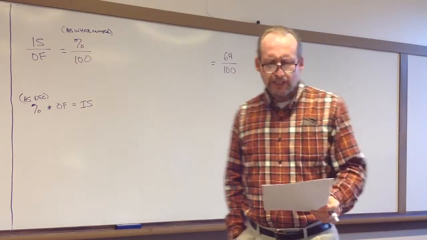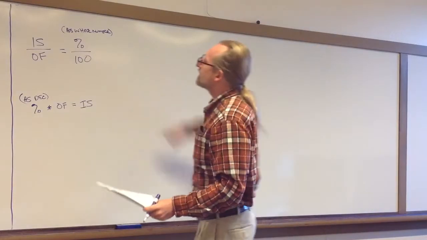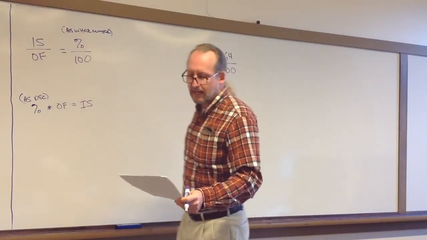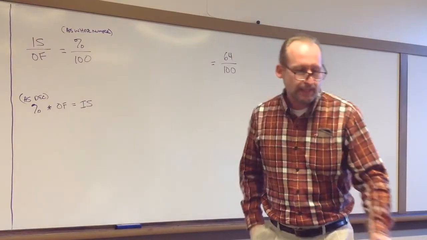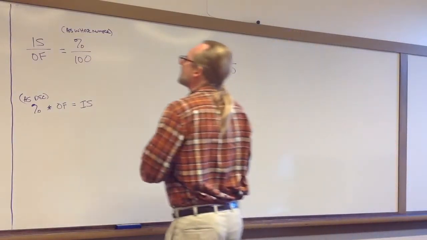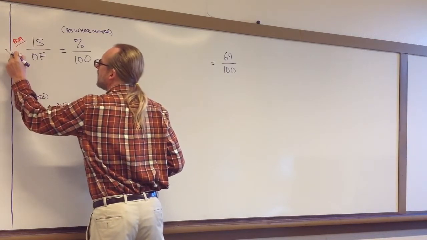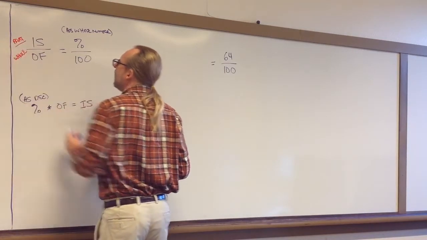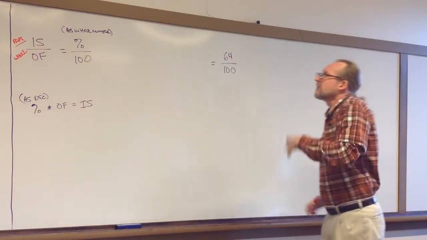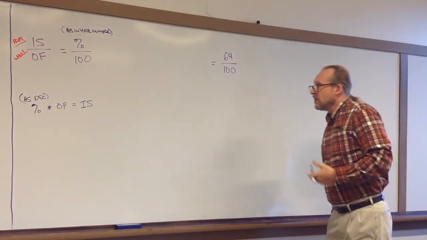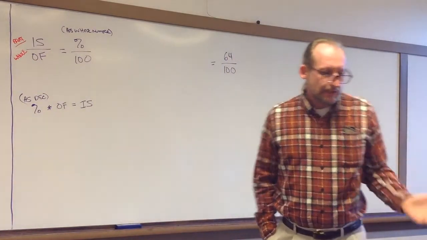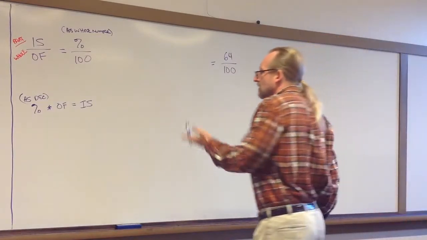Let's see, now the question is 1,488. Is that is or is that of? And remember, another way to think about this is that is the part and of is the whole. Okay? That's another way to think about percentages. So the question is the 1,488 the part or the whole?